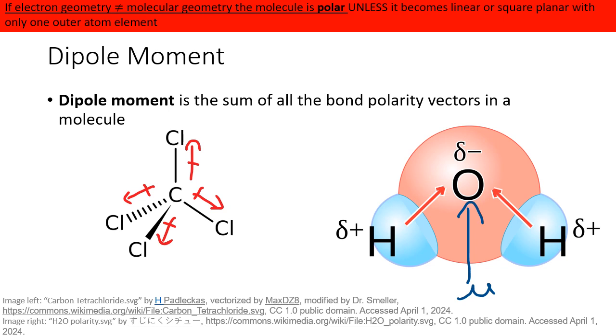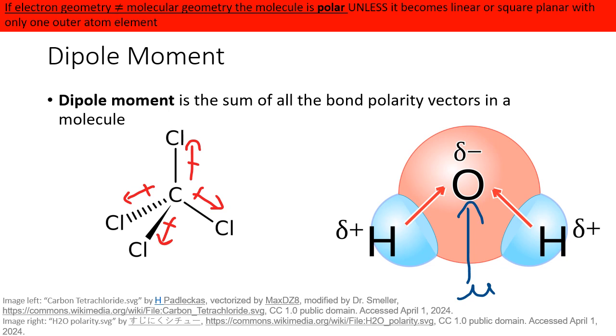So let's take a look at carbon tetrachloride, CCl4, there on the left. It has a tetrahedral electron and molecular geometry. So each one of these bonds has a bond polarity, and we can write the bond polarity down with those nice arrows. So those are our vectors. Because our electron geometry is equal to our molecular geometry, this is a perfectly balanced case.